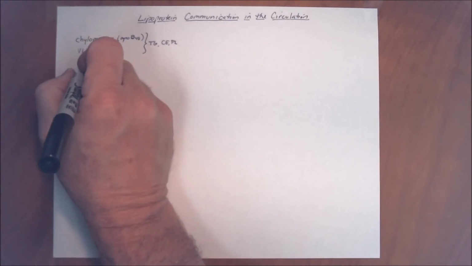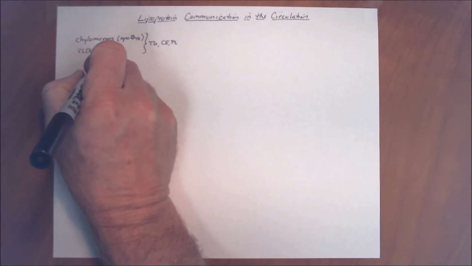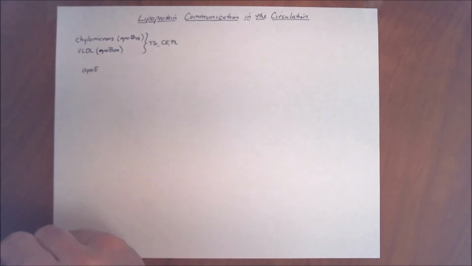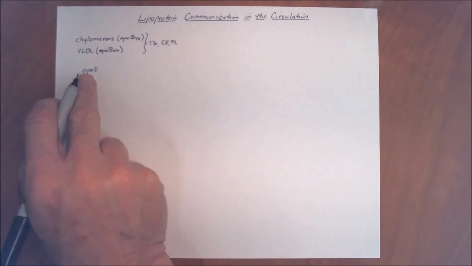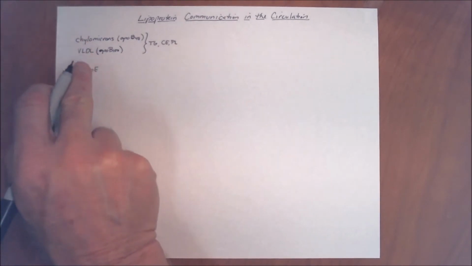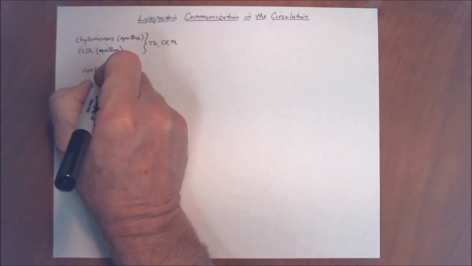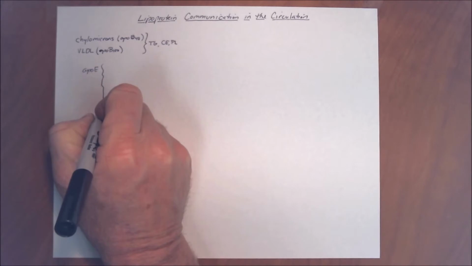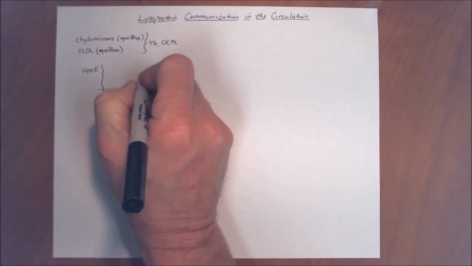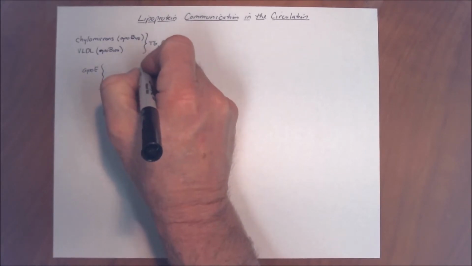Now, we know that ApoE is involved in recognition of these particles for the HSPG. So recall the HSPG, this is the membrane of the endothelial cell.